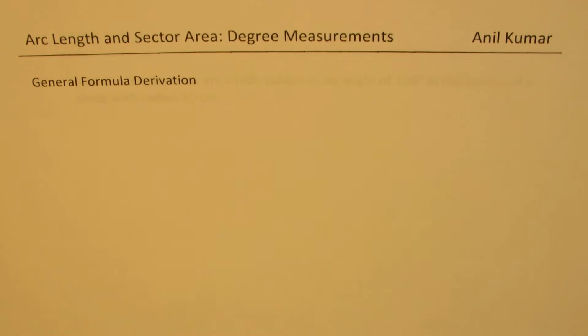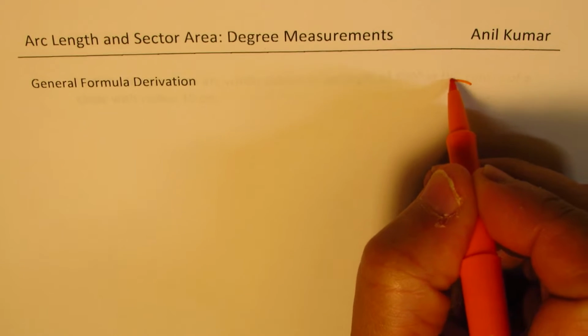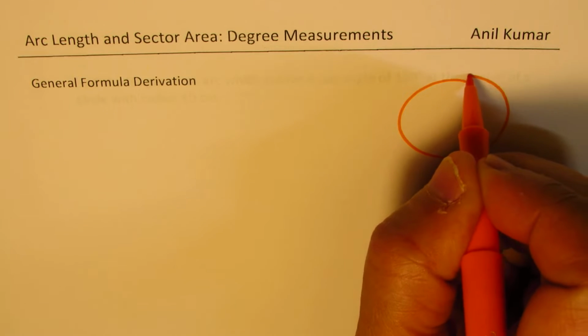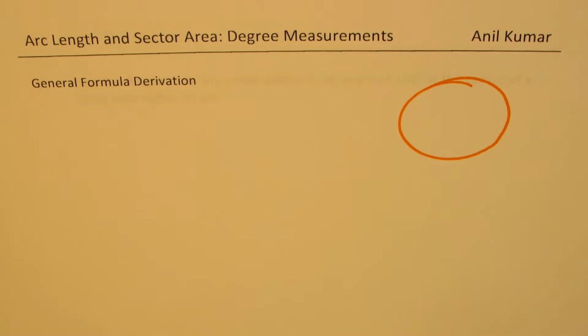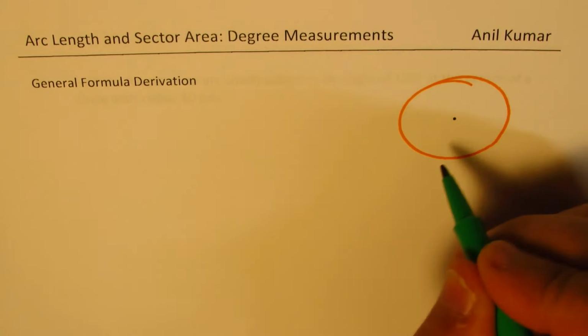So let's begin with the general understanding of arc length and sector area, right? So let me just sketch a circle here, and then we'll define our terms. So that is the circle, and in this circle, let us say that the radius is R. And the angle subtended, when we say, that's the center.